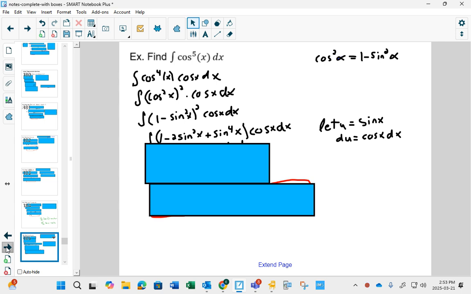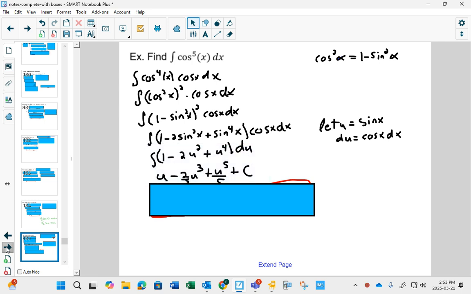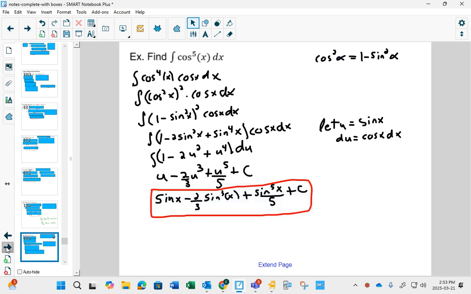I actually FOIL that out. So I get 1 minus 2u squared plus u to the 4 du, and you integrate all three of those separately, and you would never have guessed how nicely this seemingly simple integral simplifies from a terrible original one.